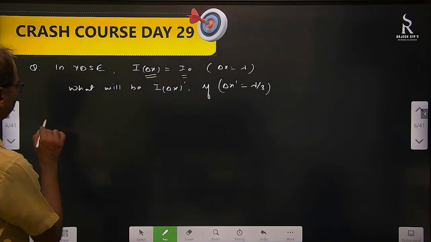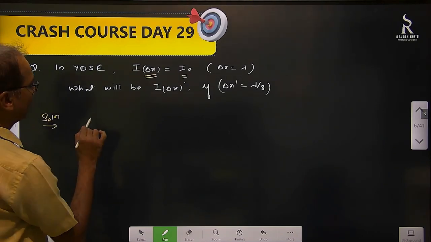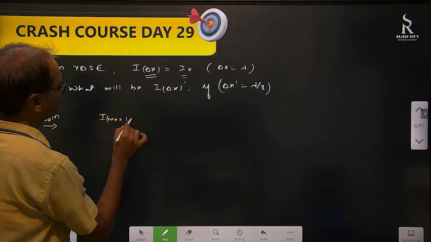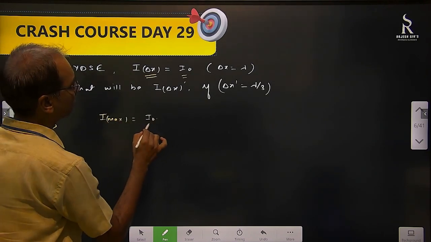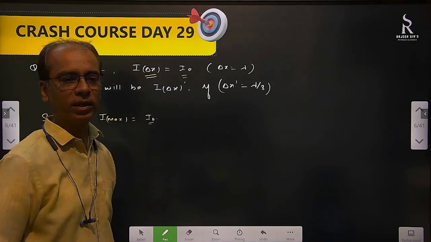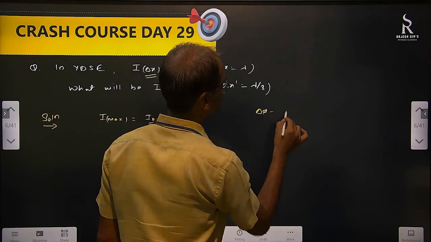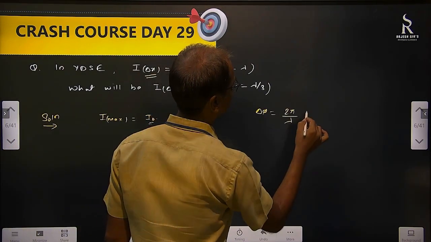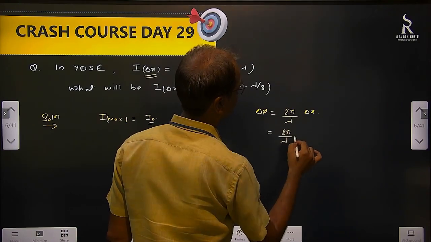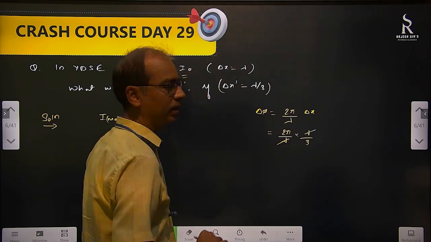See, first thing is I maximum is I naught. Delta x dash is lambda by 3. First of all, I will calculate the corresponding phase difference. Phase difference delta phi is 2 pi by lambda into delta x, that is 2 pi by lambda into lambda by 3. Lambda cancels, so 2 pi by 3 is the phase difference.